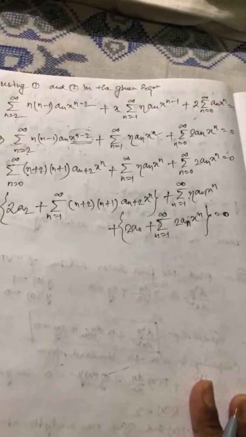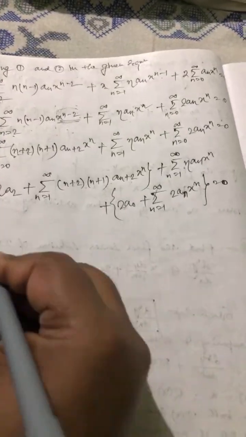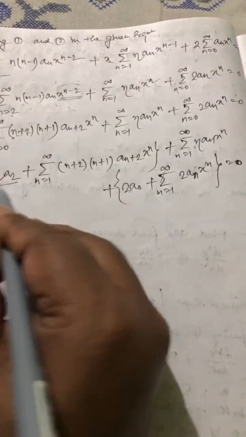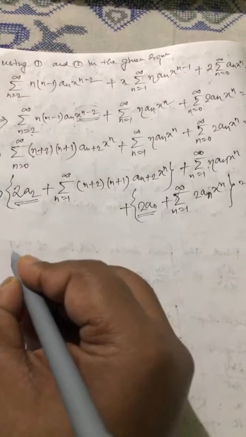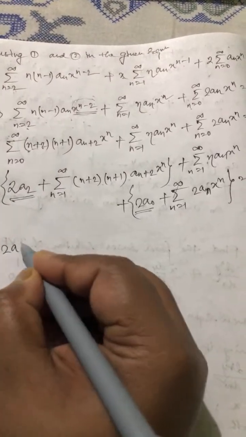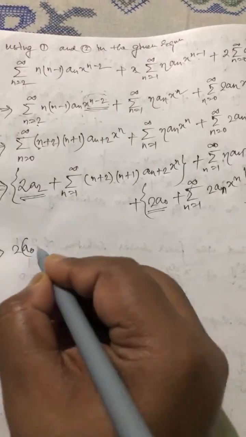So this is the final expression. Separate the constant terms: 2 a0 and 2 a2. So 2 a0 plus a2 I should write.